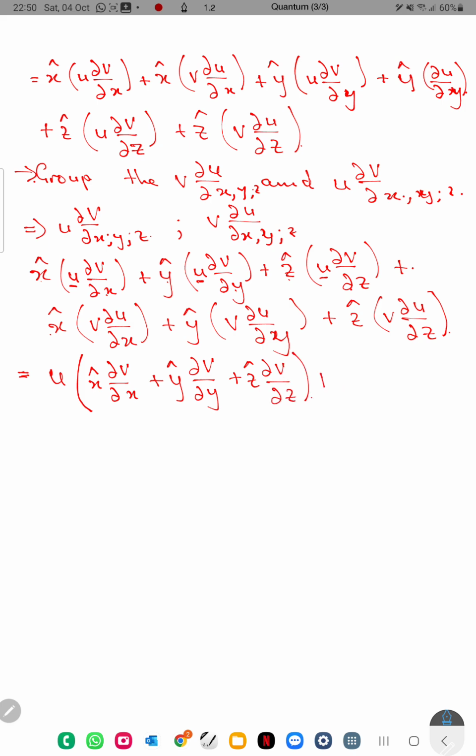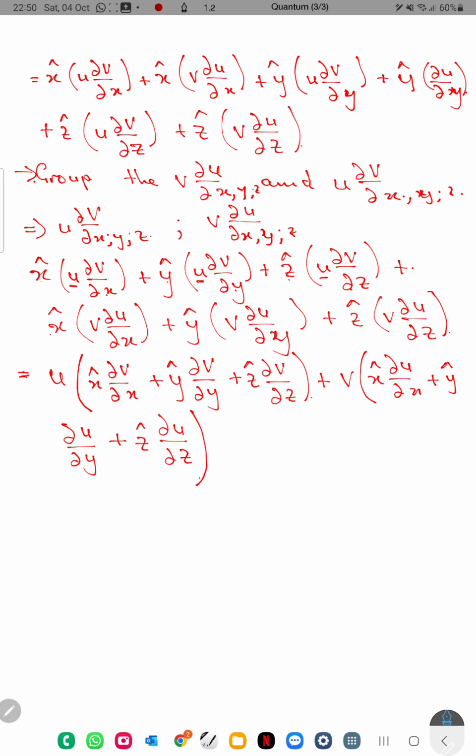We do the same thing and take out the v: x du over dx, plus y du over dy, plus z du over dz, and we close it.